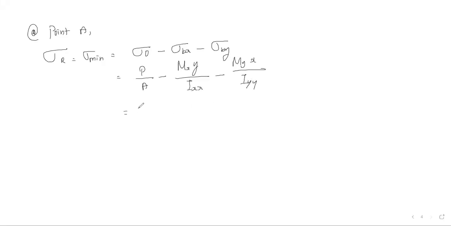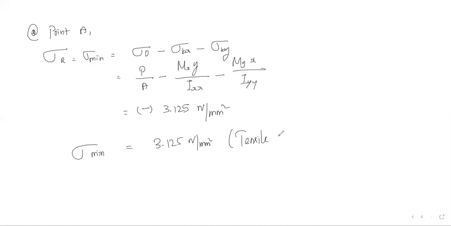So if we substitute the above values, then we get minus 3.125 Newton per mm square. So this minus denotes tensile stress. Therefore, sigma minimum is equal to 3.125 Newton per mm square tensile stress.